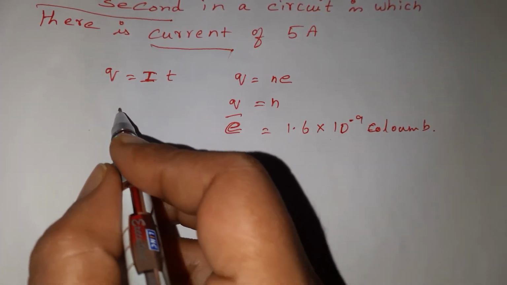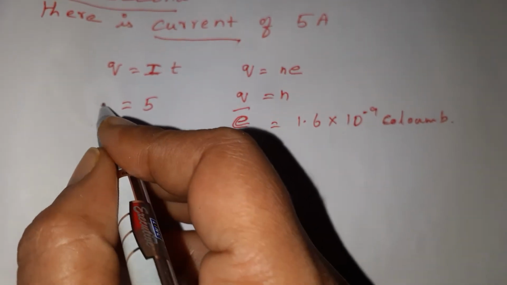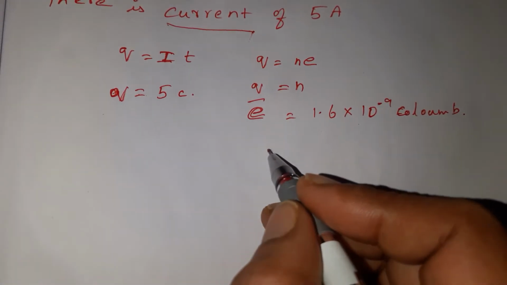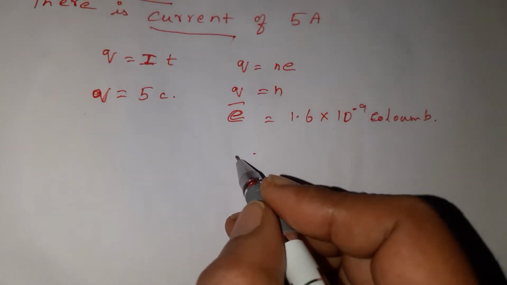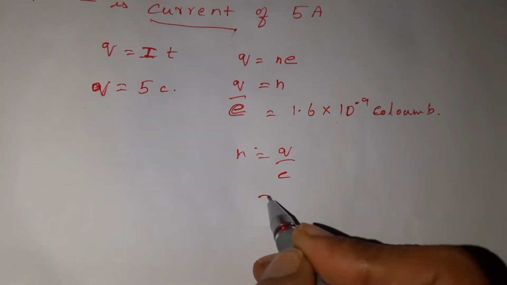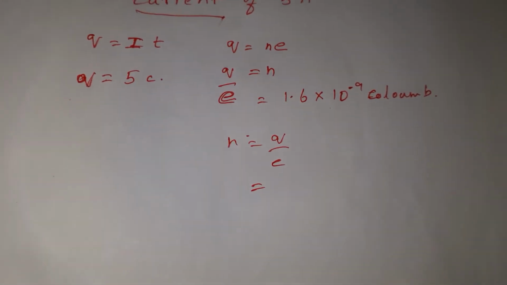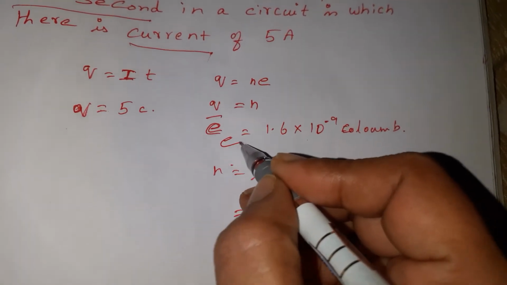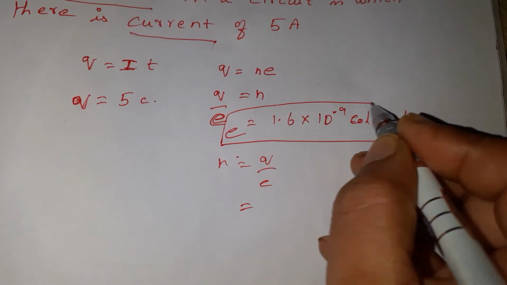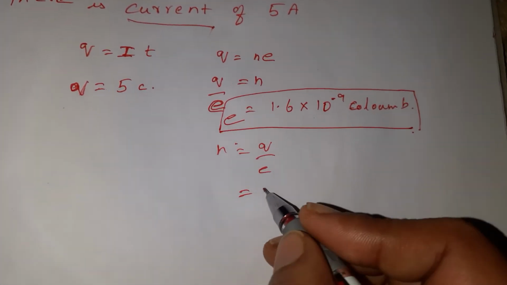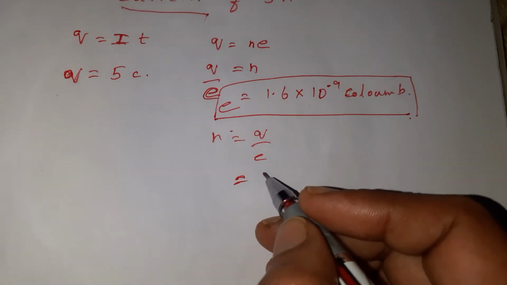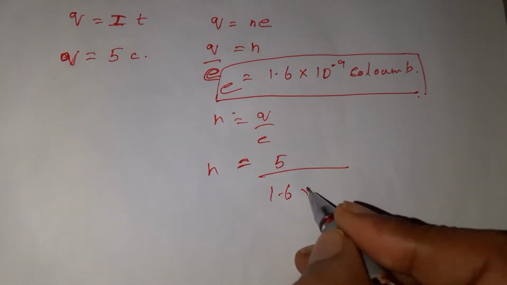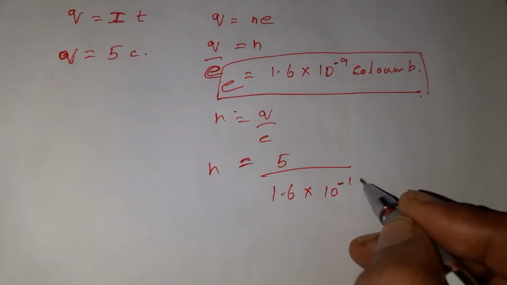So first, we know that I is 5 ampere, so Q is equal to 5 coulomb. Then, substituting in N is equal to Q by E, the value of Q is 5 and E is 1.6 into 10 power minus 19.